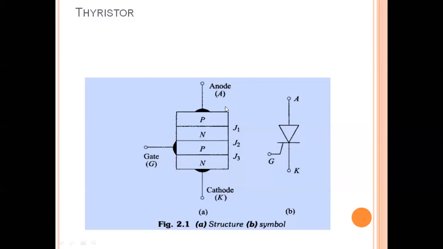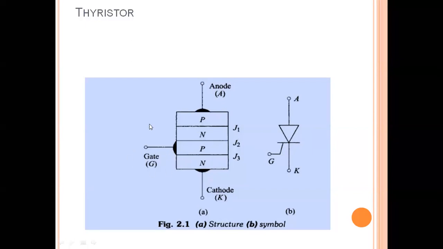The terminal connected to the end P layer of the device is considered to be the anode, and the terminal connected to the end N layer is considered to be the cathode.